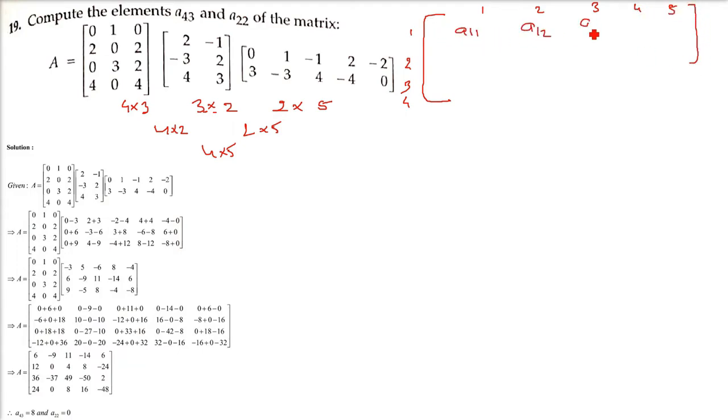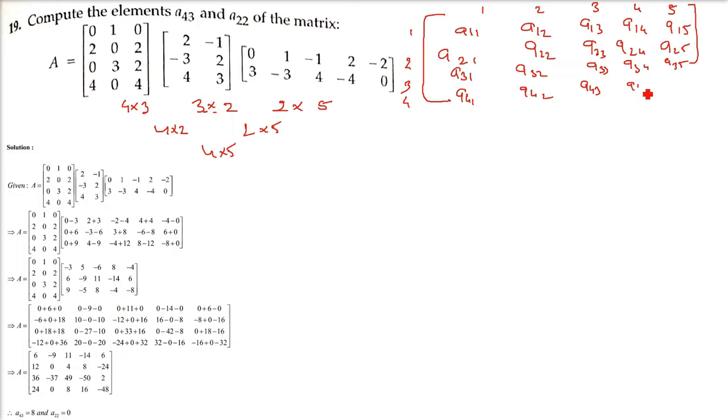A11, A12, A13, A14, A15, here A21, A22, A23, A24, A25, A31, A32, A33, A34, A35, A41, A42, A43, A44, A45. Now what you have to find out? See, let me just mark it. There are 2 elements we have to compute. Find out after computation, A43 and A22. These are 2 marks which we have to find out.